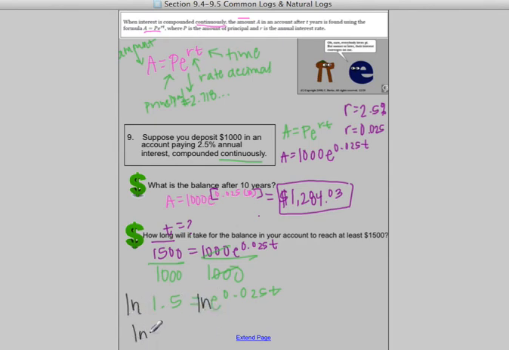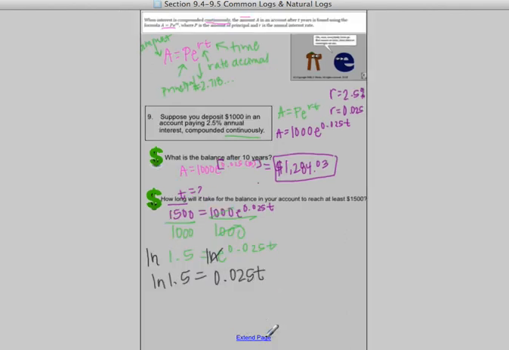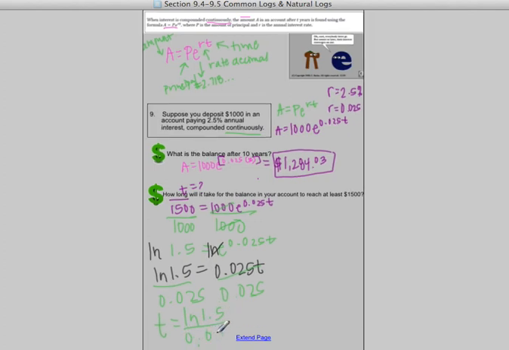So I have natural log of 1.5 is equal to, these will cancel, and I'm just left with 0.025t. From here, if I want to get t by itself, I divide by 0.025. So t is equal to natural log of 1.5 divided by 0.025.